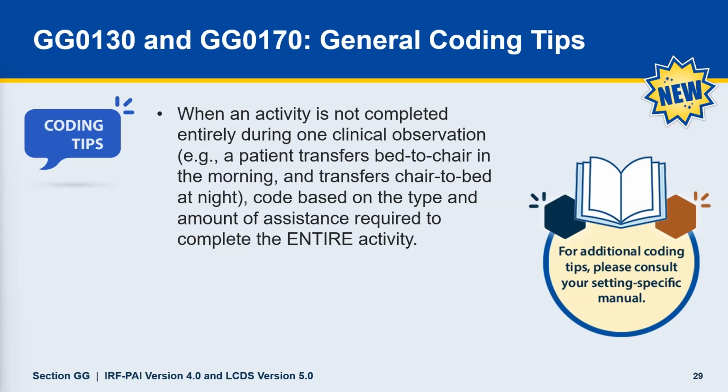For example, if we assess a patient transferring from bed to chair, but the patient won't be moving back from the chair to bed until later that night, the code for the bed to chair activity could still be selected based on the type and amount of assistance required to complete the entire bed to chair activity.